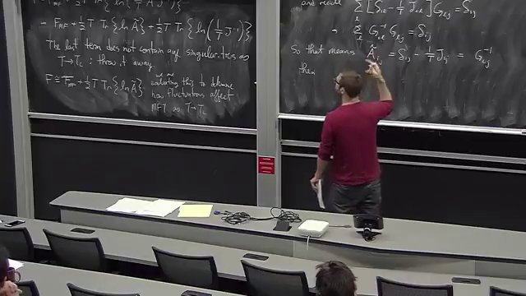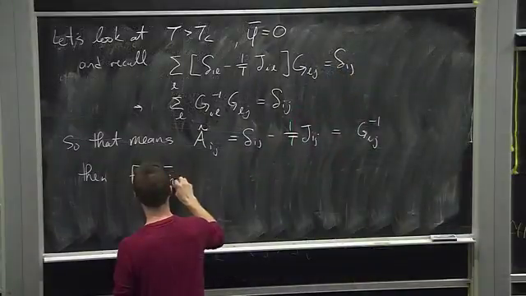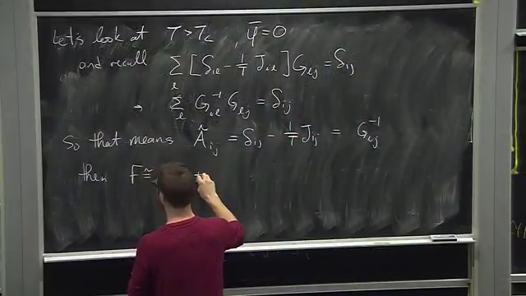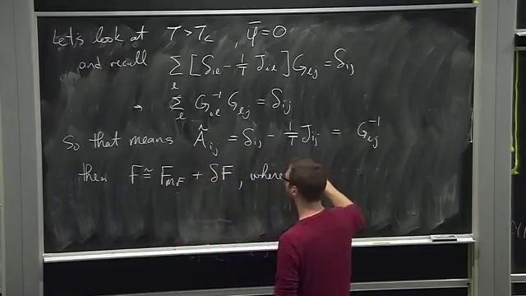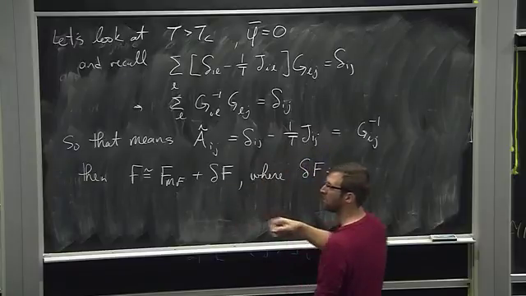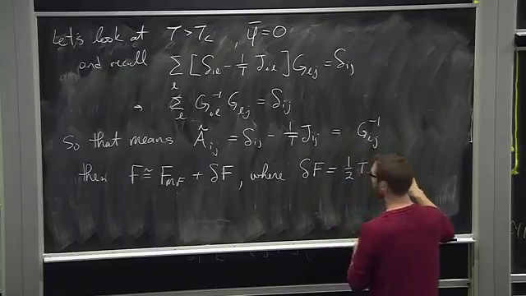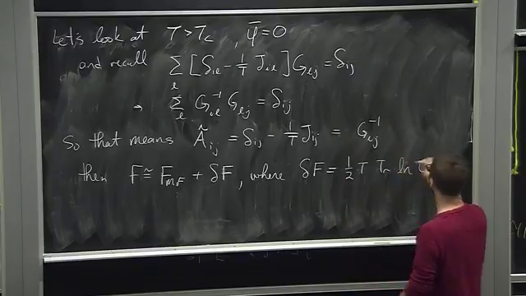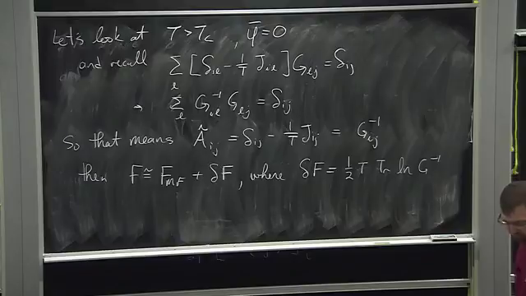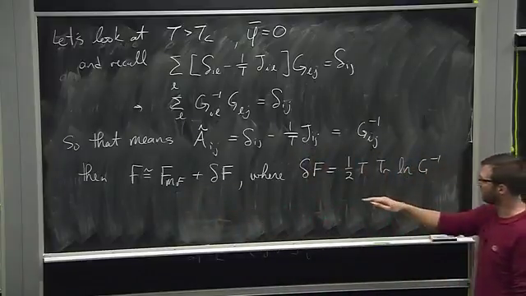So in that case, I can write the free energy as the mean field piece plus, I'm sick of writing that, so let me call it delta F, where delta F is just 1/2 T trace log of G inverse. So let's leave the free theory, the mean field piece alone, and just calculate delta F.